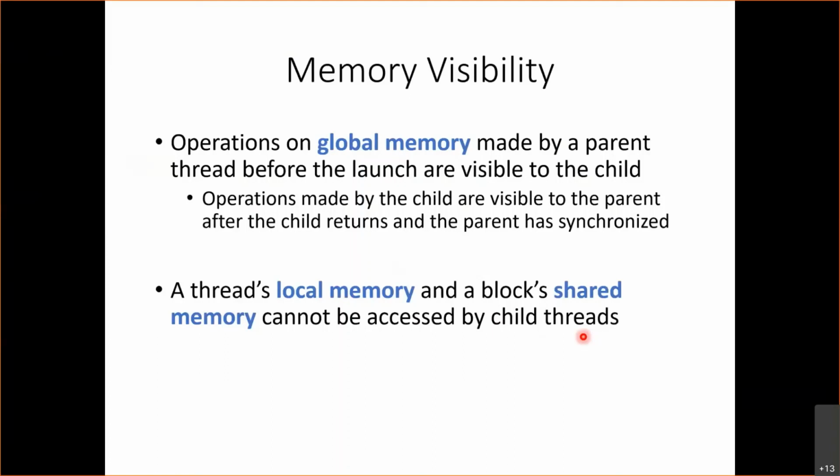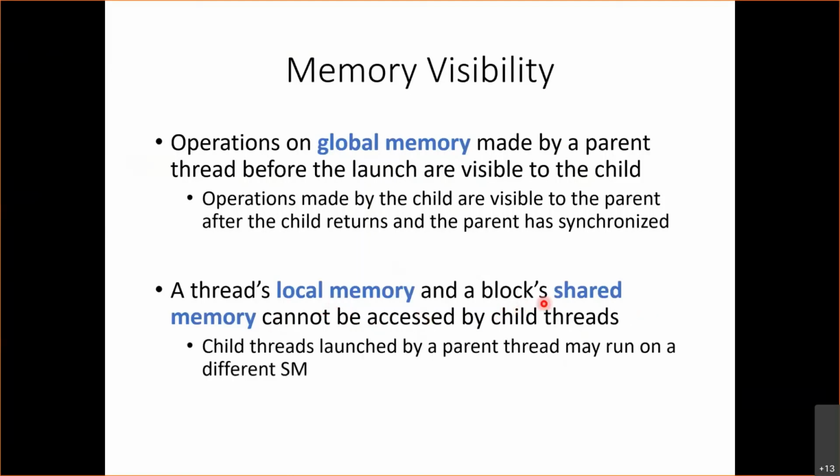When a thread running on some SM launches a grid of thread blocks, these thread blocks may run on a different SM, so they will not be able to access that thread's shared memory, or the shared memory of the block that the thread belongs to. That is why we should not pass pointers to shared memory or local memory via dynamic parallelism: child threads launched by a parent may run on a different SM.